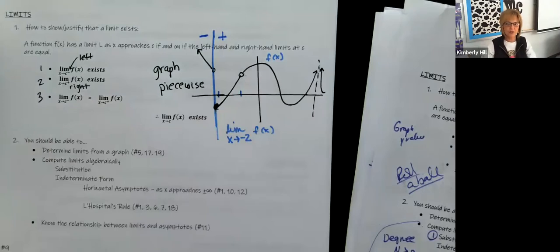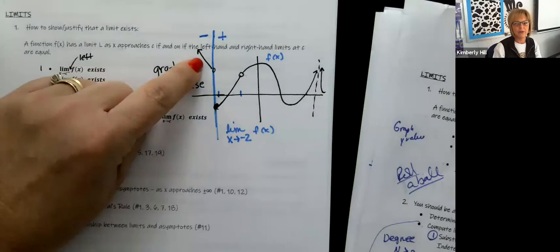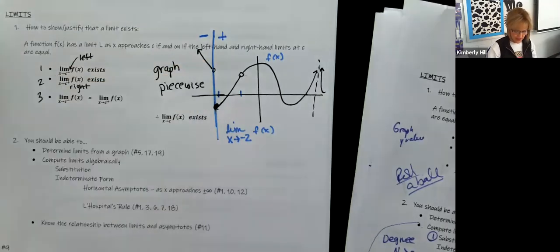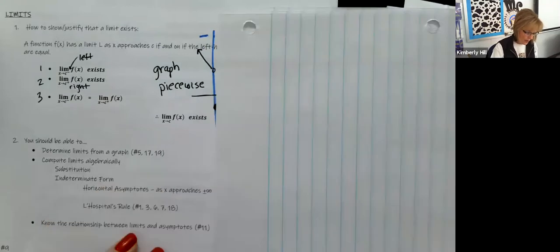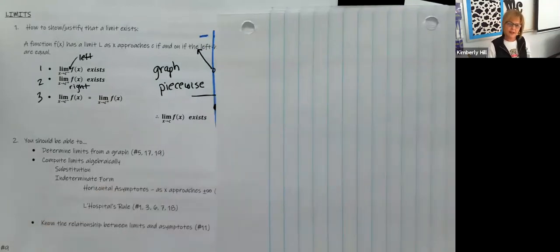Then I tell students, go to the left piece. So here's the piece I'm talking about from the left. If I don't have any part of the rest of this graph, all I care about is what's happening on that side.